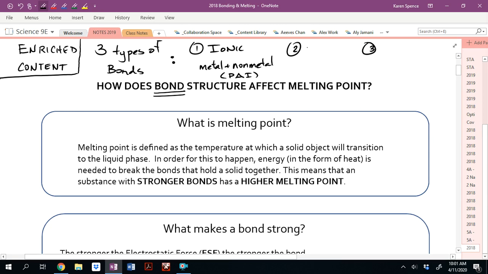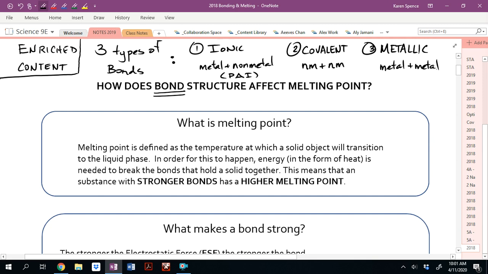Second type of bonding is covalent. Covalent is when we have a non-metal plus a non-metal. The third type of bonding is metallic bonding, and that is when we have a metal and a metal.